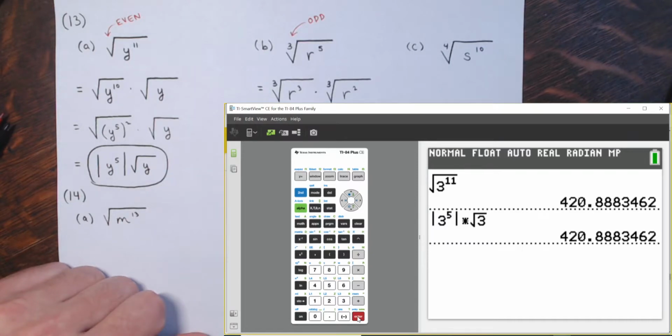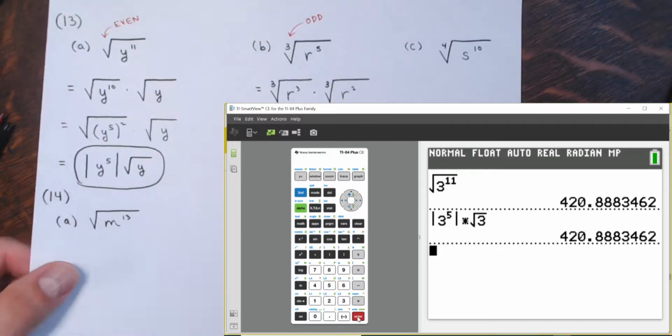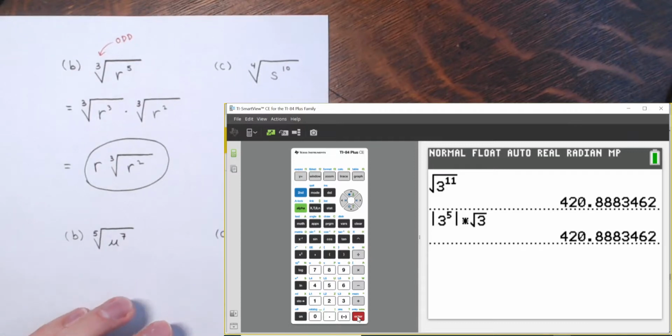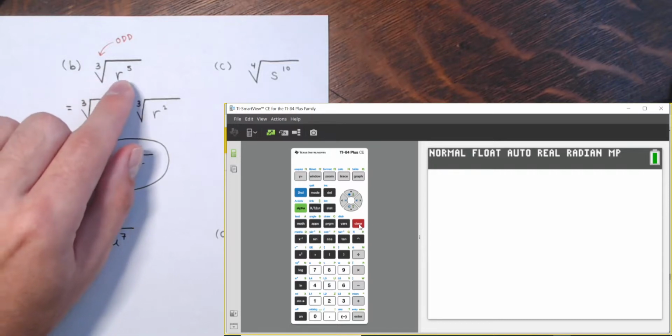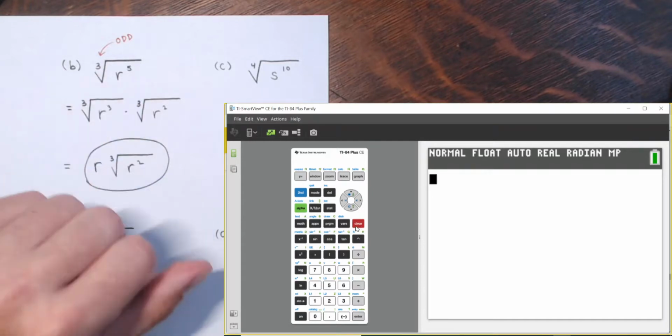All right. And let's do one check of part B. And this will be the last calculator used for these variable ones. The original expression was the cube root of R to the 5th. So I'm just going to replace R with -2, really whatever you want.